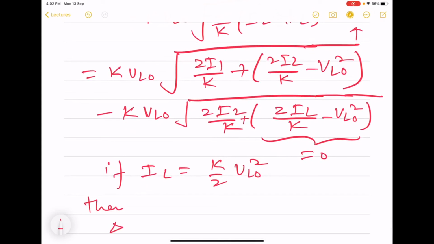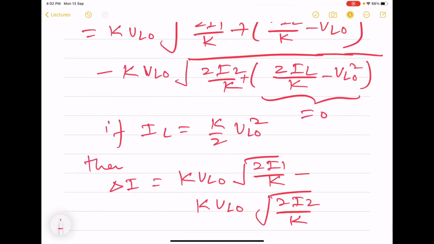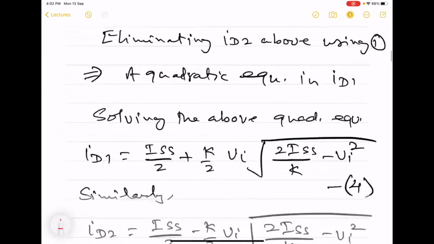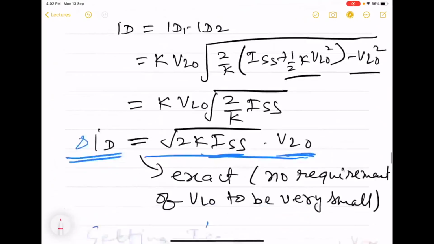And what we will get is delta I as K VLO into square root of 2 I1 by K minus K VLO into square root of 2 I2 by K. So this is what we will get when we have neutralized VLO present in the square root term, right?